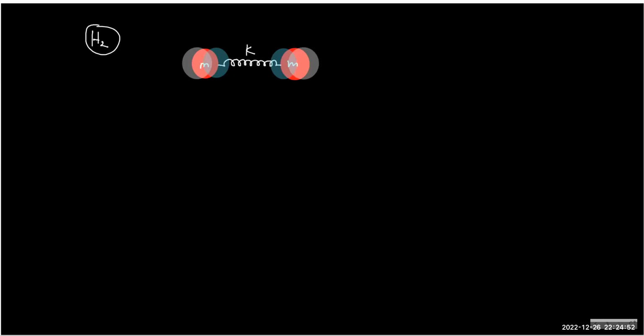So this behavior of the spring varies with temperature. As you increase the temperature, the spring softens. It becomes soft in nature, and the vibration starts happening in a molecule. So we say that there is something called vibrational motion. And this vibrational motion is generally a function of temperature.